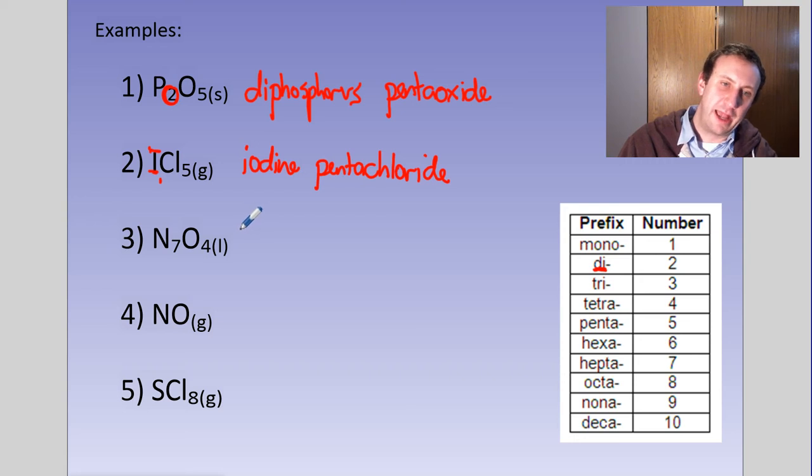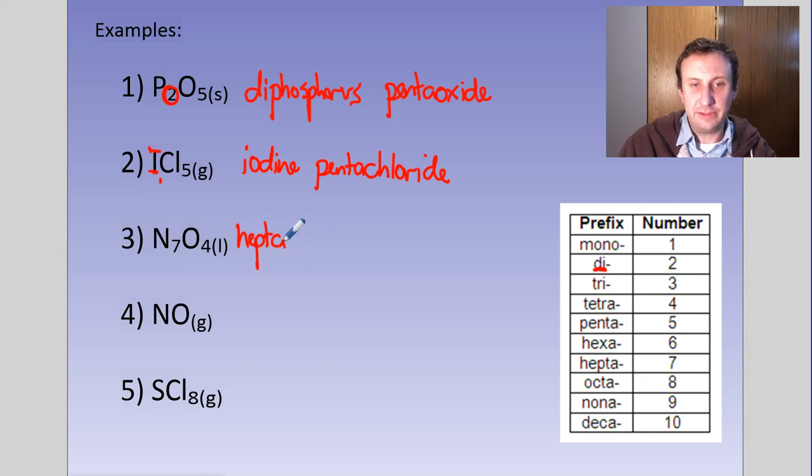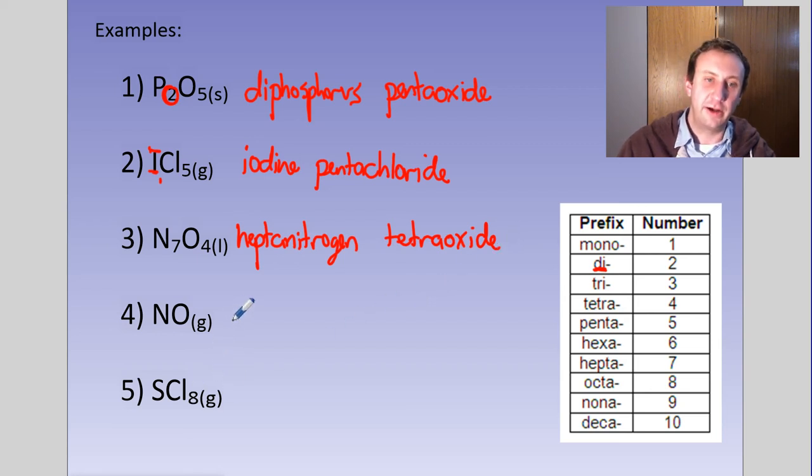All right, for N7O4, I have 7 nitrogen, so that's hepta for a prefix. So hepta, nitrogen, tetra, oxide. For NO, I have nitrogen, monoxide.